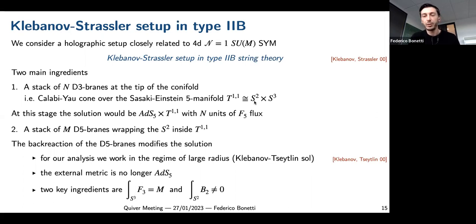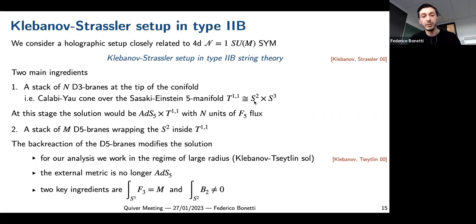For what we actually want to do, it's enough to consider the large radius regime of this solution, the so-called Klebanov-Strassler solution. I'm not giving the full expression because it's a bit complicated. Just a couple of remarks. Since the field theory is not conformal, we no longer have an AdS5, but there is still a notion of a radial coordinate in this holographic setup.